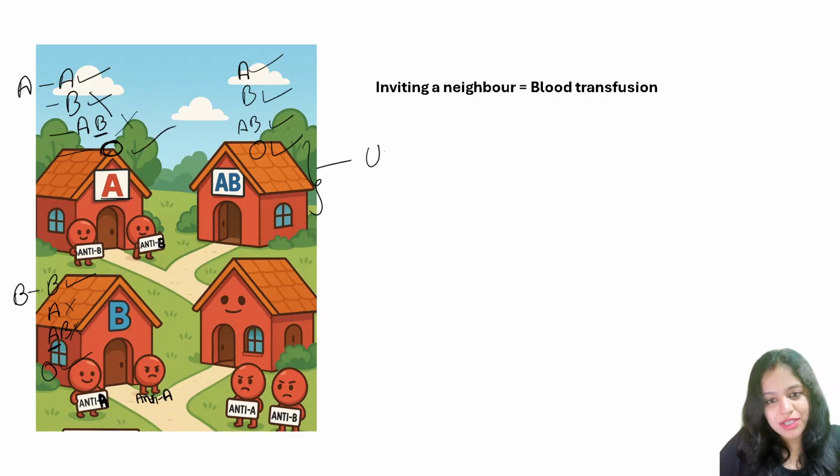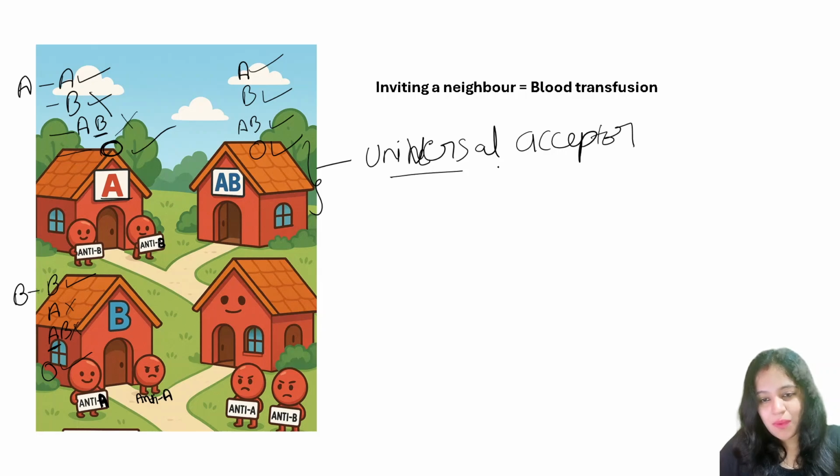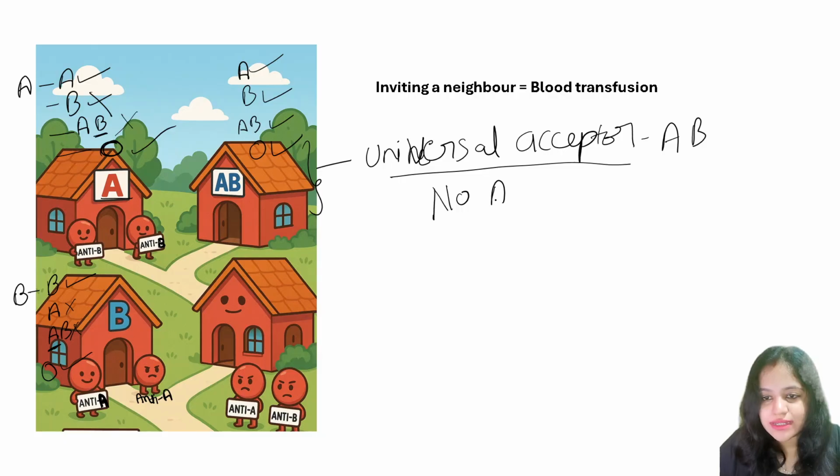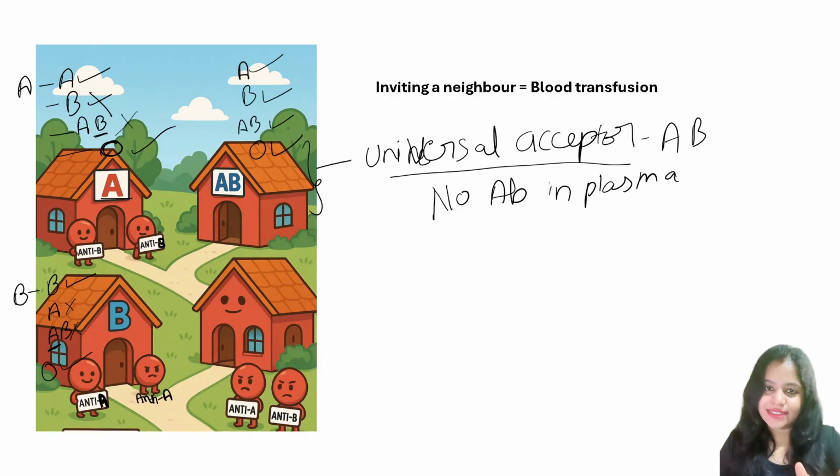So, it's a universal recipient, a universal acceptor. Okay. Why is our AB blood group a universal acceptor? It doesn't have any antibody. No antibody to guard. No antibody in the plasma. So it will happily accept everything.